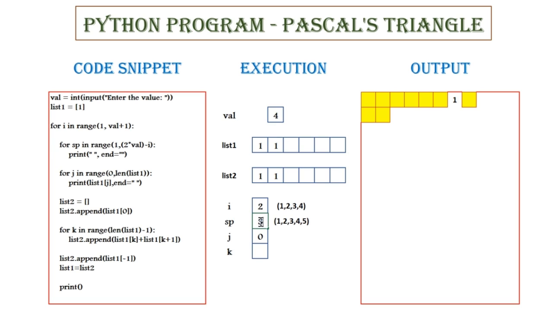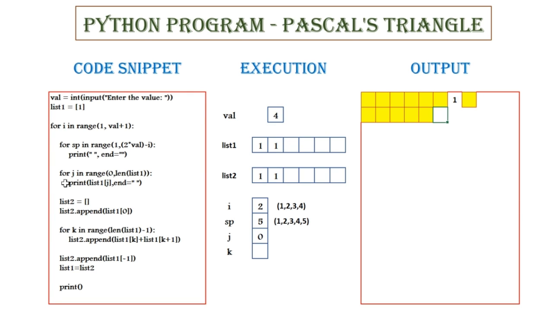Value of SP will become 3 and I'm going to print one more blank space. The value of SP will be 4 now and I'm going to print one more blank space. SP is now going to be 5 and I'm going to print one more blank space. The execution stops here and then the control moves to the next nested for loop.